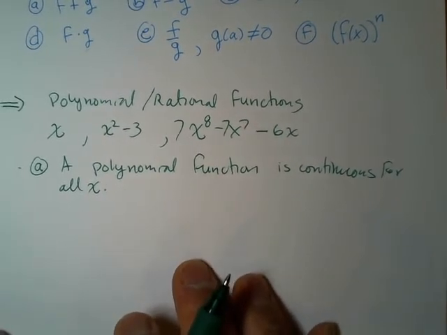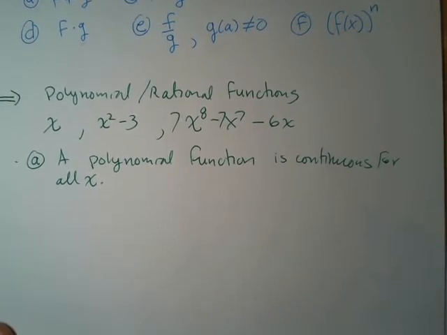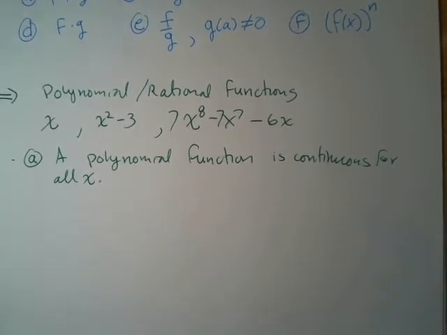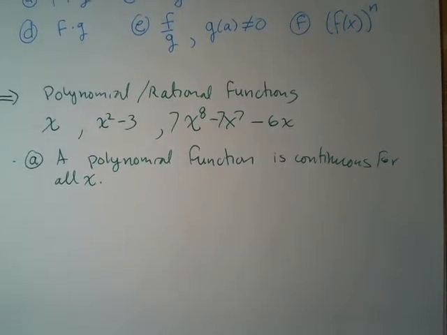All right. Okay, so that's why we like polynomials, right? It's continuous for all x, and as we'll see in later chapters, the next chapter is when we talk about differentiability. They're also differentiable everywhere. So those are nice functions that are easy to work with.